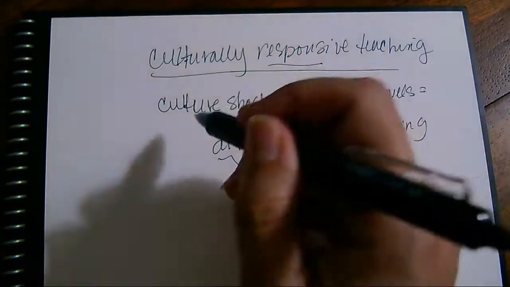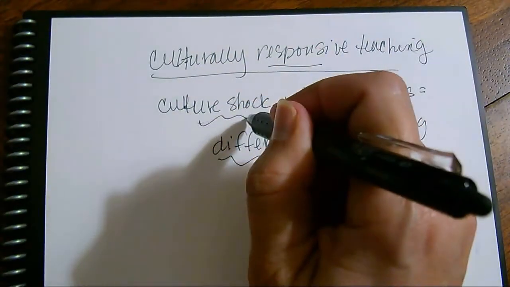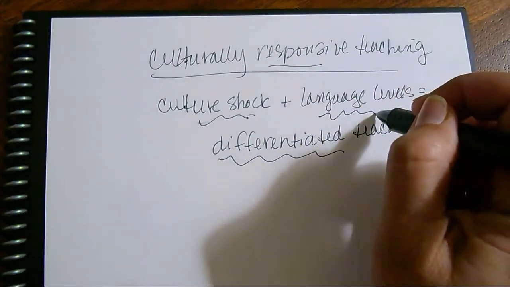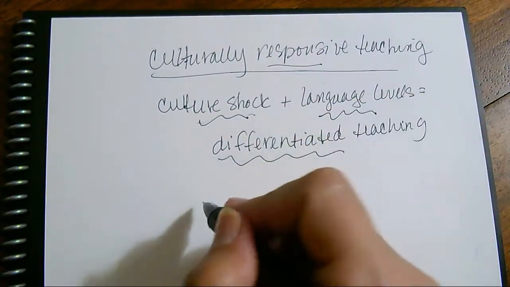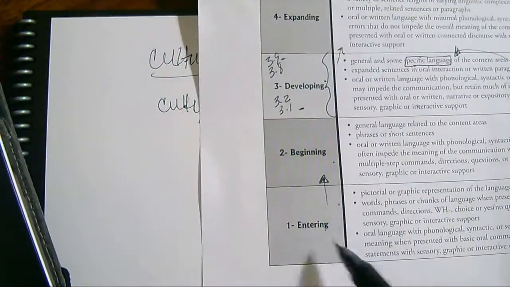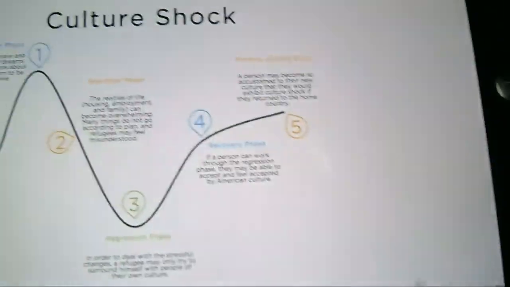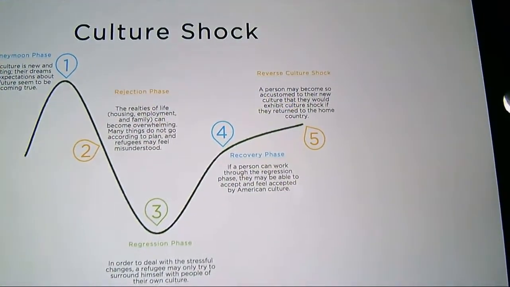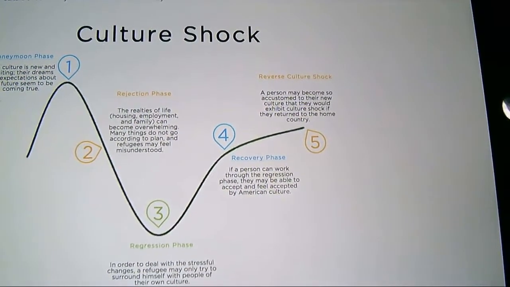We really want to take into account where our students are in this phase and what language level they're at. So imagine if we are at level 1 or 2, beginning, and we're at level 2 in culture shock, oy vey, that's going to be quite a bit of stress.